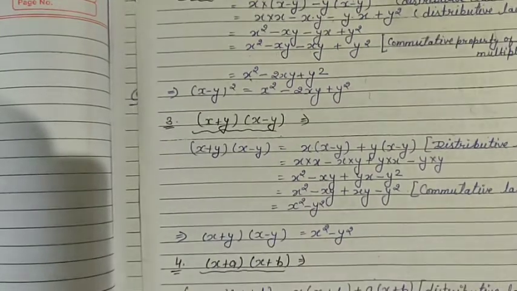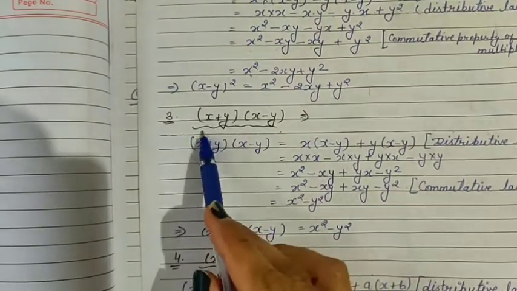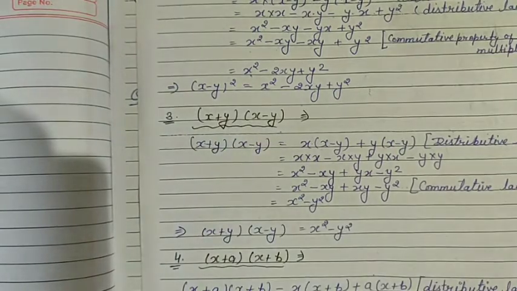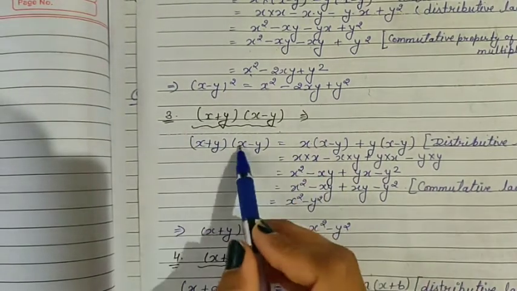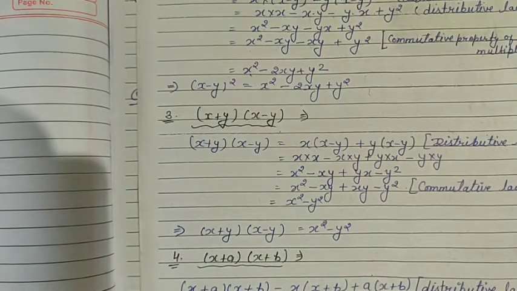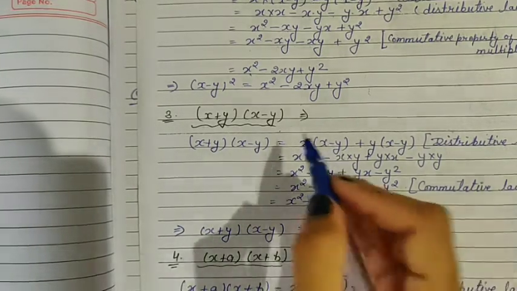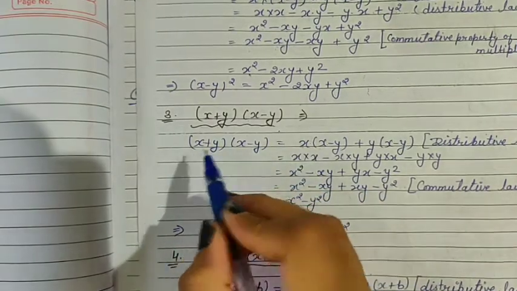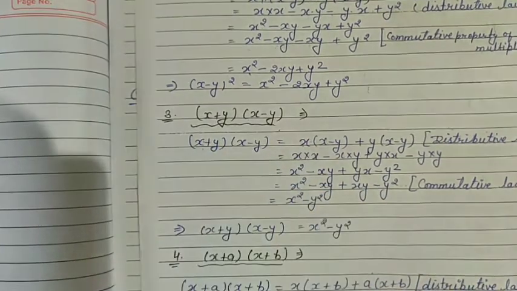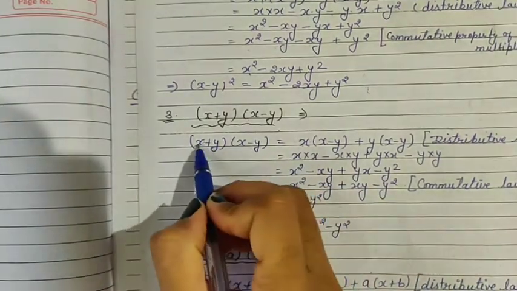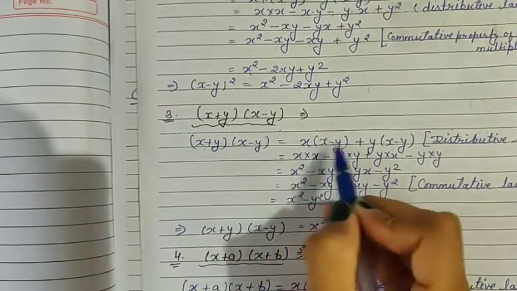Now third identity, x plus y into x minus y. x plus y into x minus y is equal to x square minus y square. This is multiplication of a binomial by another binomial. So firstly, x is multiplied by x minus y.